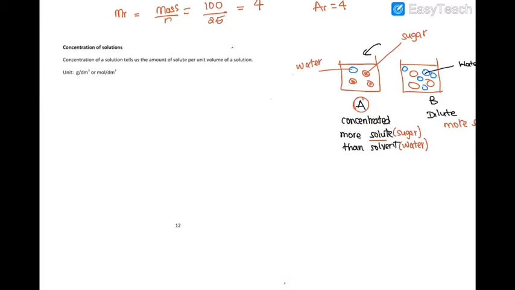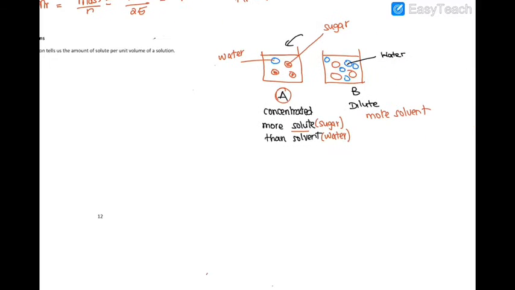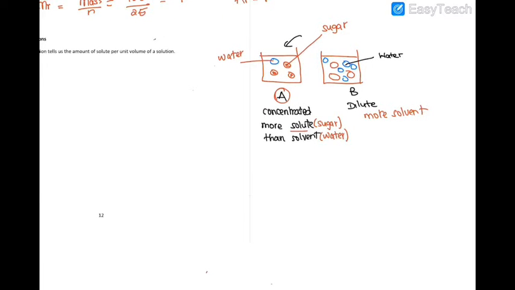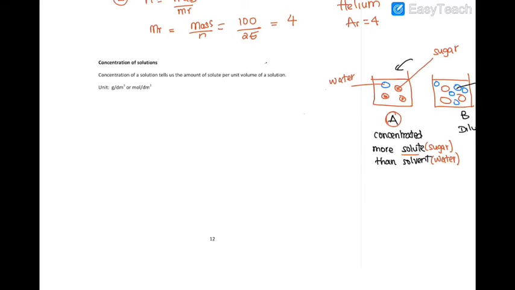So concentration is going to give us an idea of how concentrated or how dilute a solution is. Actually, it's the amount of solute. The solute could be an acid, a salt, sugar, or any substance, per unit volume of solvent.